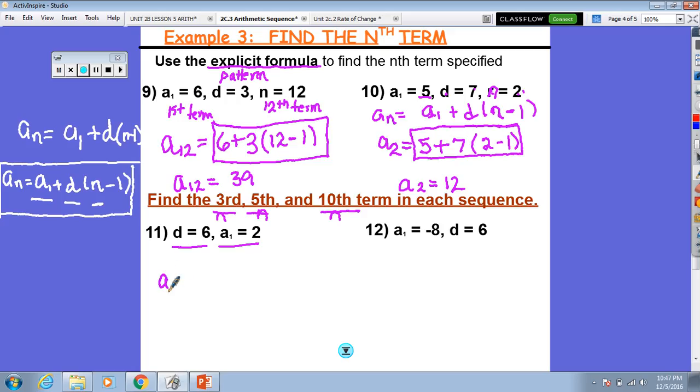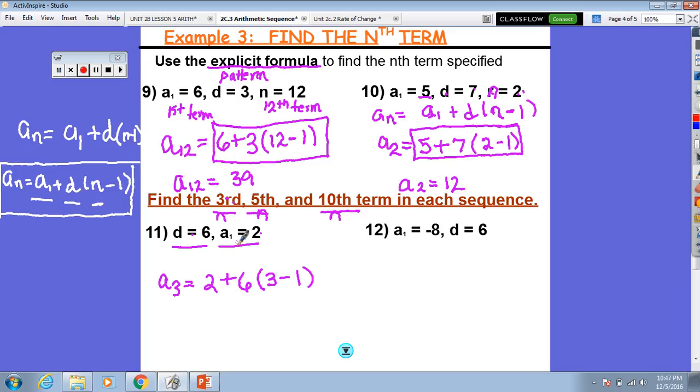So we'd have first, when we use 3, A3 equals the first number in the sequence, which is 2, plus the pattern number, which is 6, times n, and our first n for this problem is going to be 3 minus 1.